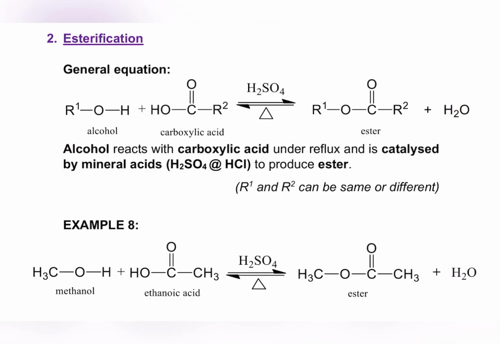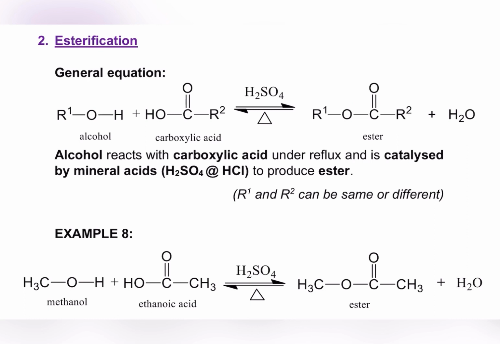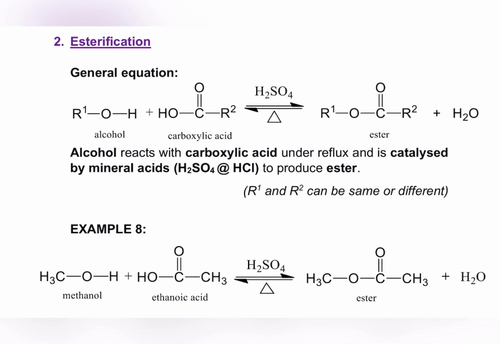Next one, we go to the second reaction, which is esterification. For esterification, the reagents involved are alcohols and carboxylic acid. For alcohols, we are going to make the bond cleavage here, and for carboxylic acid, we are going to make the bond cleavage here. So what will happen?